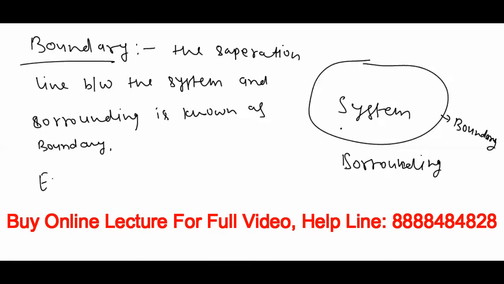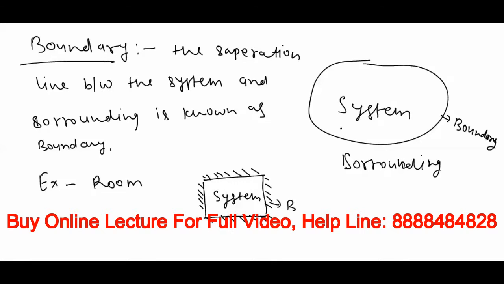If we take an example of a room, these four walls are the boundary of the room, which are completely rigid. This is the system and these are the boundaries. In this one, the boundaries are real as well as rigid.